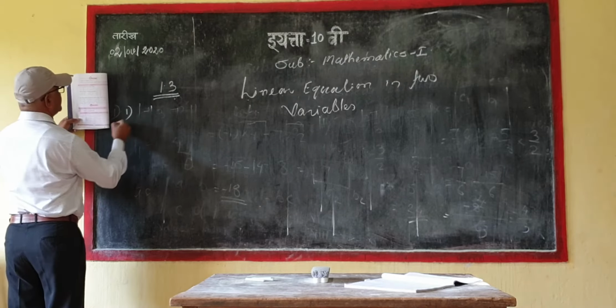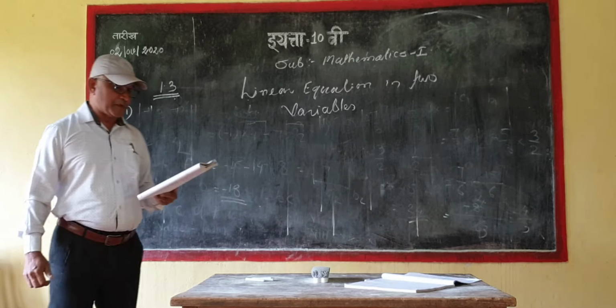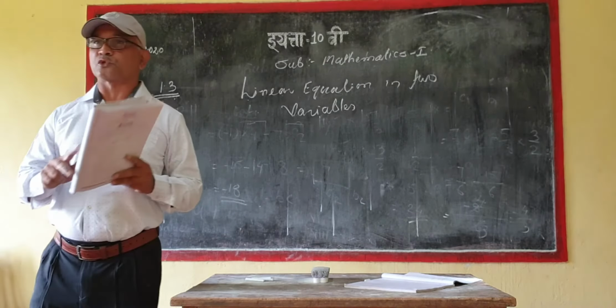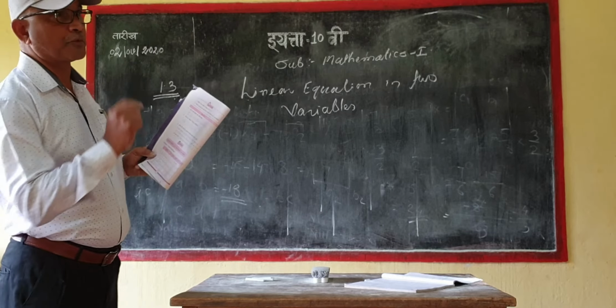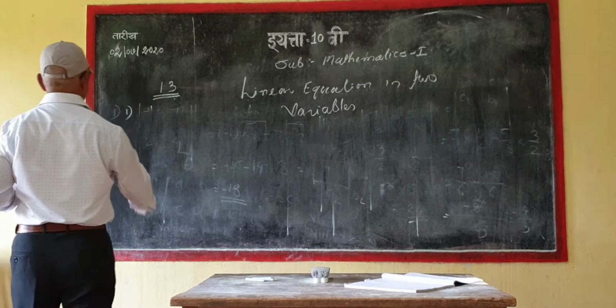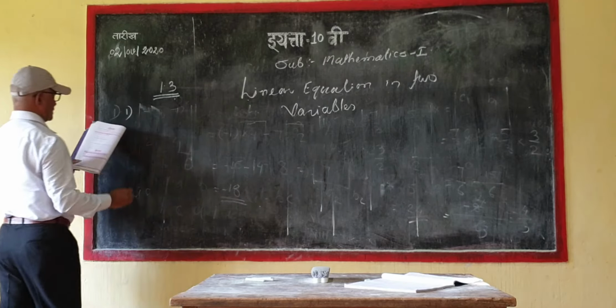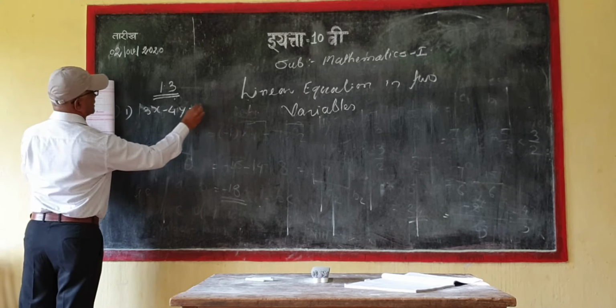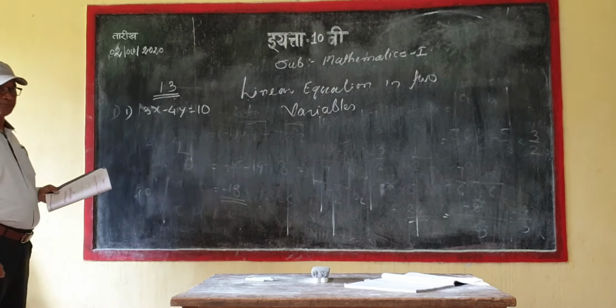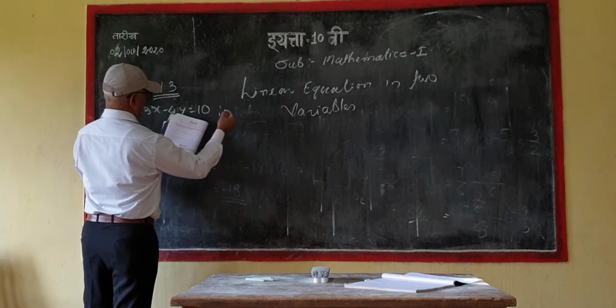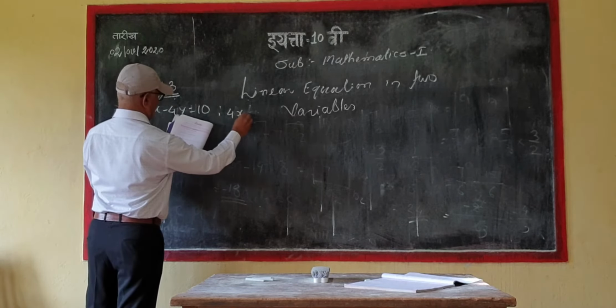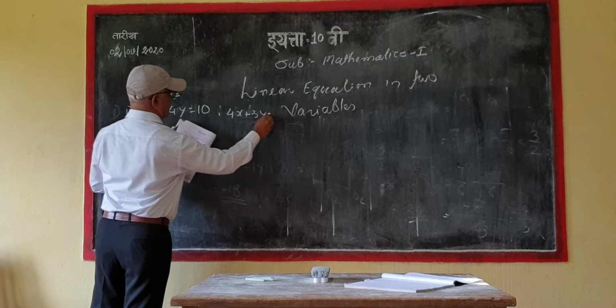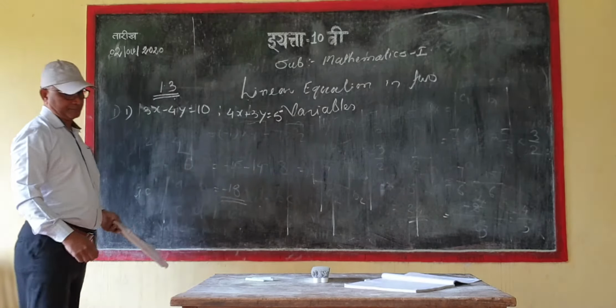The first step: solve the following simultaneous equations by using Cramer's rule. The first one, 3x minus 4y is equal to 10 and 4x plus 3y is equal to 5.